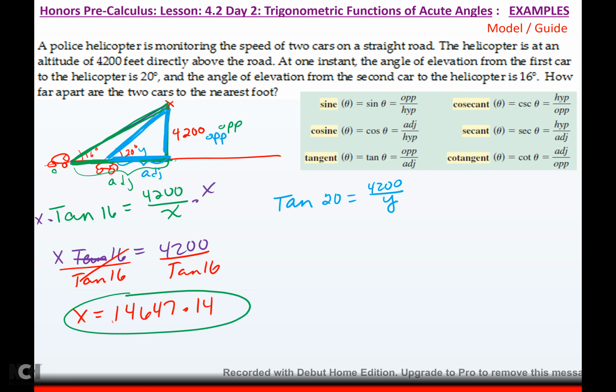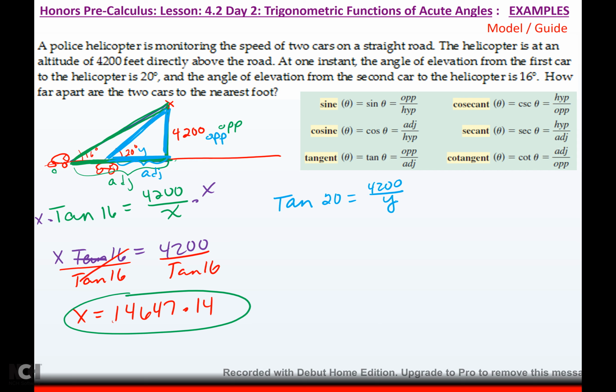That distance right there, the cars are that many feet apart. Okay? Alright, so you try this one, hit pause, come back when you're ready, and hopefully you got 32.